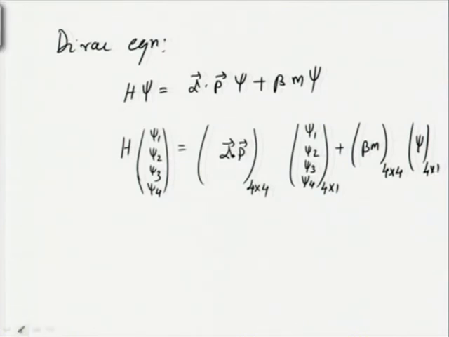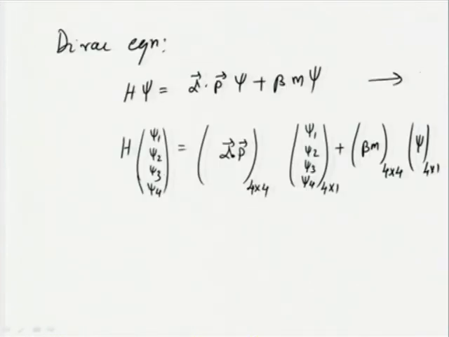Let me take the Dirac equation and write it in the operator form. i dou by dou t, the Hamiltonian energy operator acting on psi, is equal to alpha dot minus i gradient, which is the momentum operator, acting on psi, plus beta m psi.